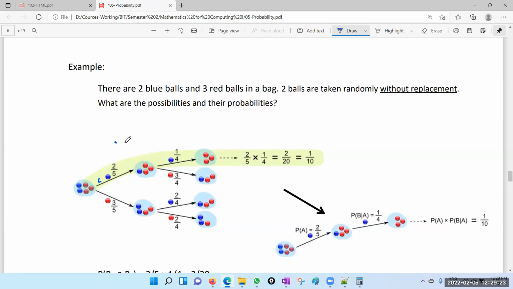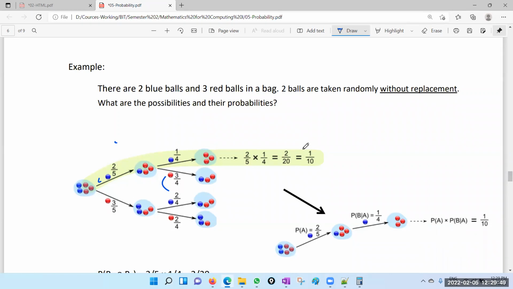But second take is when the first take has happened, right? For example, when first take is blue, what is the probability of second one is blue? When first take is blue, what is the probability of second one is red? When the first is red, what is the probability of second one is blue? When the first one is red, what is the probability of second one is red?